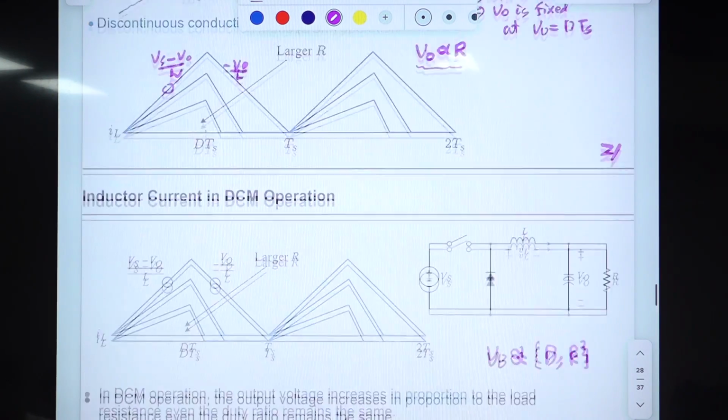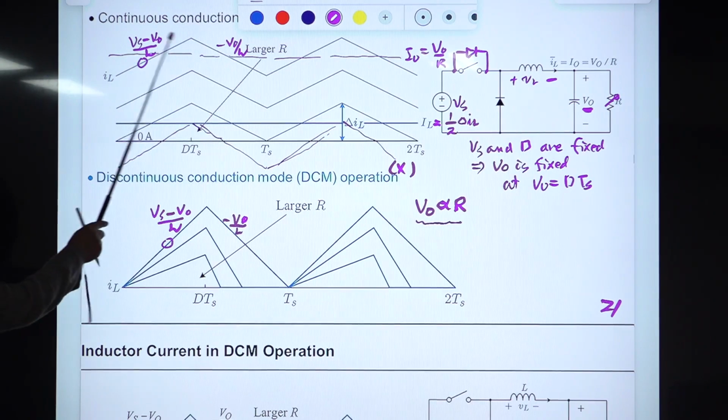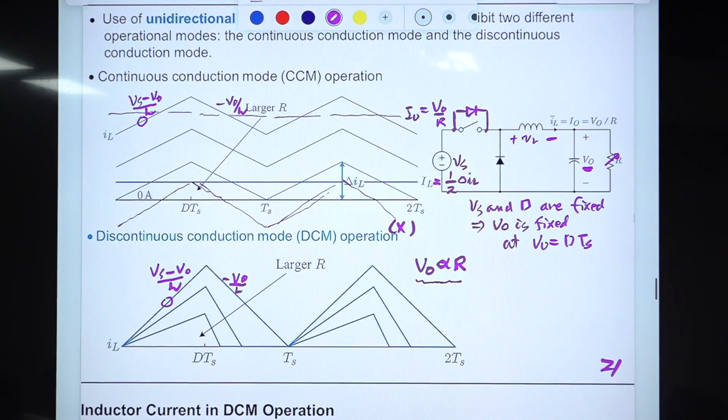All right, so this is called the DCM. The operational mode where the inductor current is present all the time with positive value is called CCM, continuous conduction mode, and this is the DCM, which stands for discontinuous conduction mode.